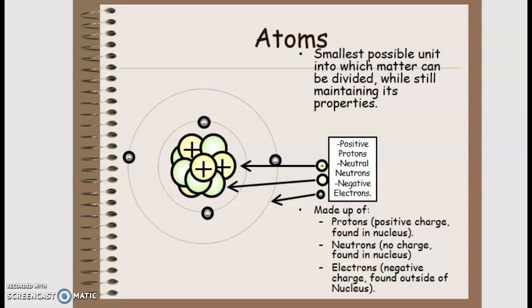And then we have our negative electrons, which are located in the electron cloud, or the energy levels outside of the nucleus of the atom. Now, it's very important to note that an atom is electrically neutral. So that means that it has an equal number of positive charges and negative charges.